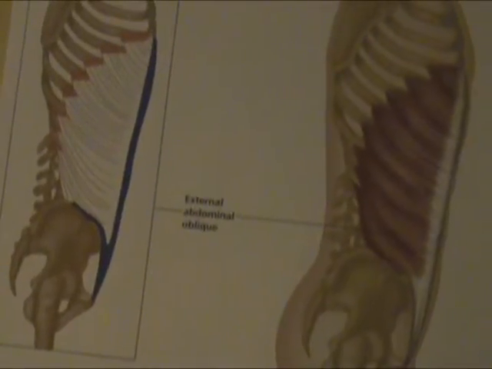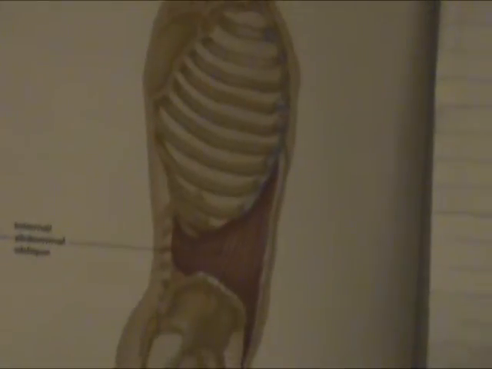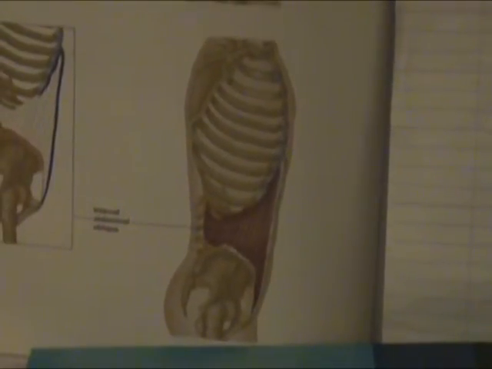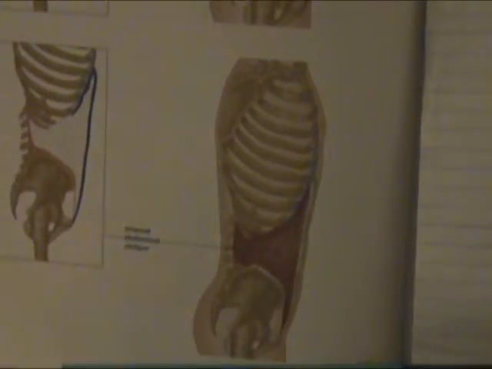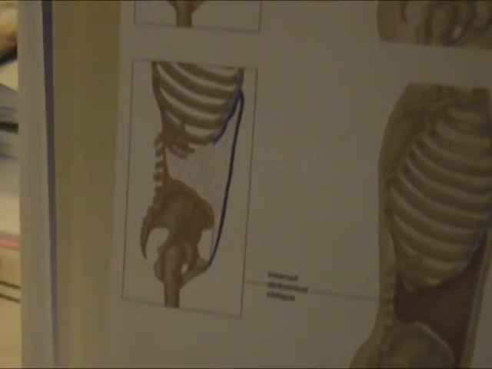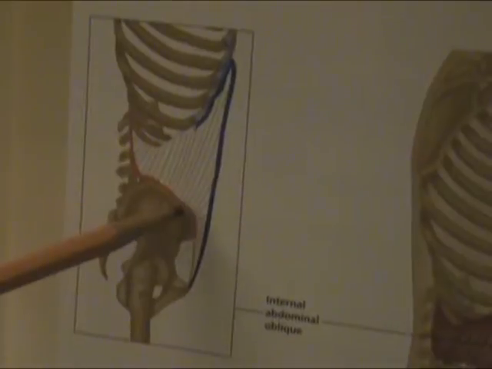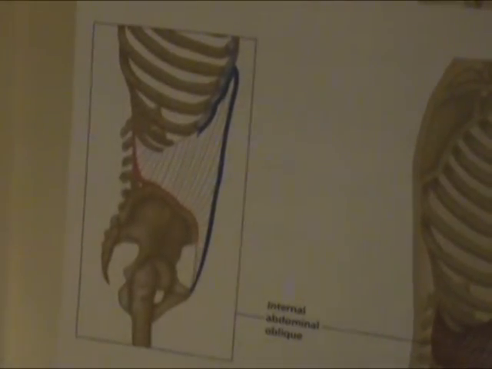Now the internal obliques are number 42 on the muscle chart and are also pinned on the cadaver. You will find them on the list at number 17. The origin of the internal obliques is the iliac crest and the lumbodorsal fascia.